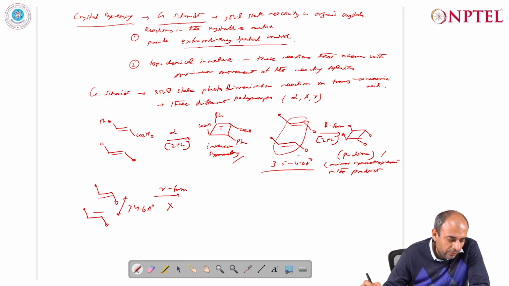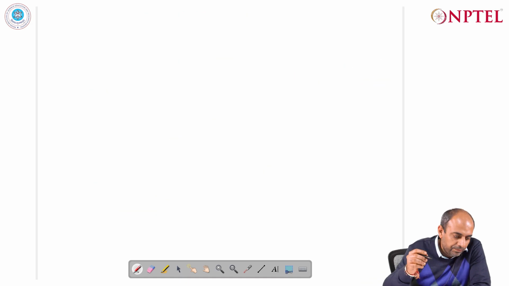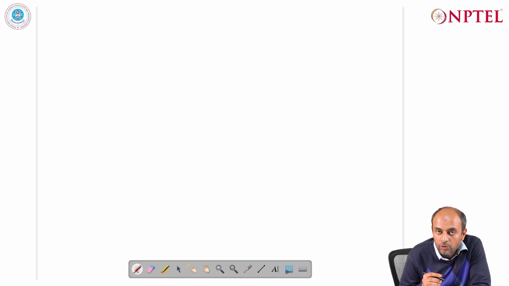So this kind of interesting chemistry occurs in the solid state, and now it was of relevance to see whether we can actually bring reactive double bonds in the solid state into a position where they can dimerize with each other.